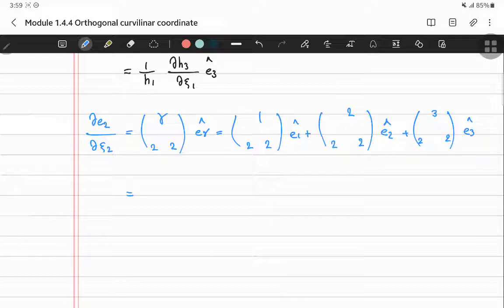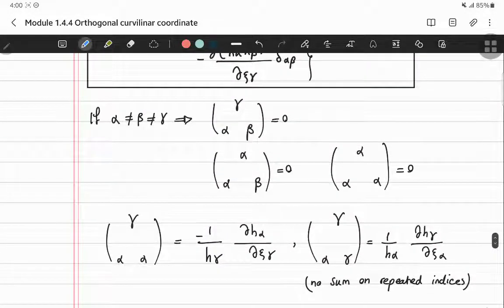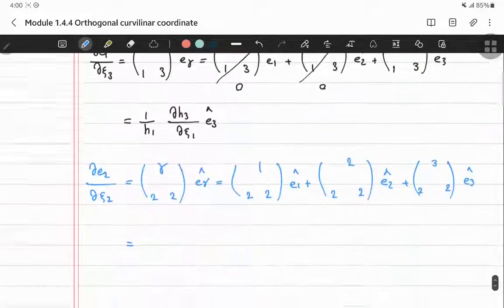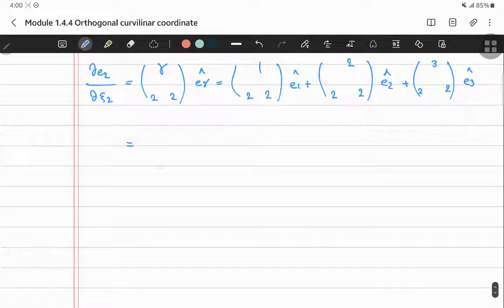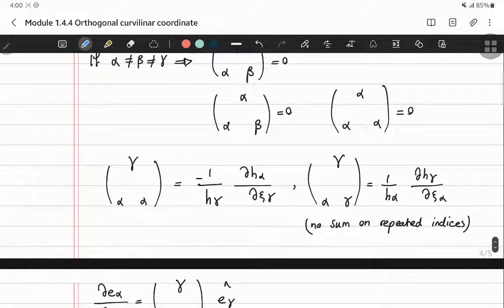So we have 1 2 2. It is this one. So it is minus 1 divided by h1, partial derivative of h2 with respect to z1, e1. This is 2 2 2, so it is 0.